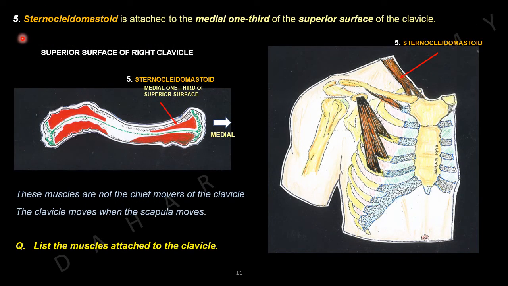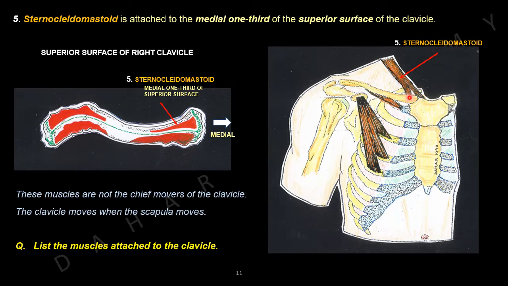The fifth muscle attached to the clavicle is the sternocleidomastoid. Let's see the diagram here. Two diagrams we have. Here is the sternocleidomastoid. The lower part of the muscle is split into two. One will attach to the sternum.